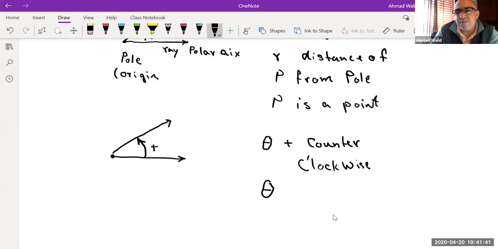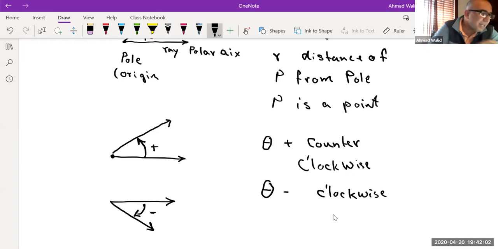Negative angle, if your theta is negative, you are going what? Definitely clockwise. If I draw another angle for you, if I go this way, from here to here, it's a negative angle. Any question up to this point? Any question for me? Yes, no?